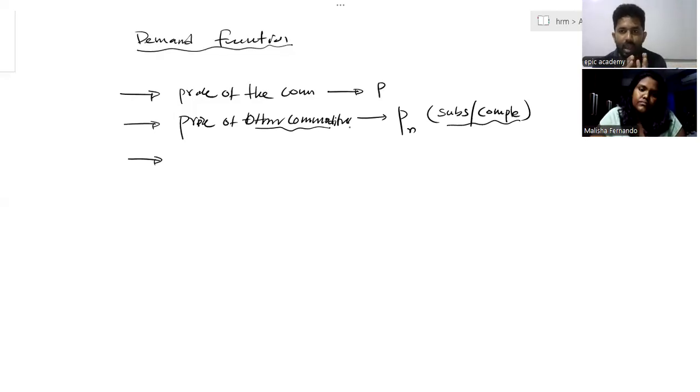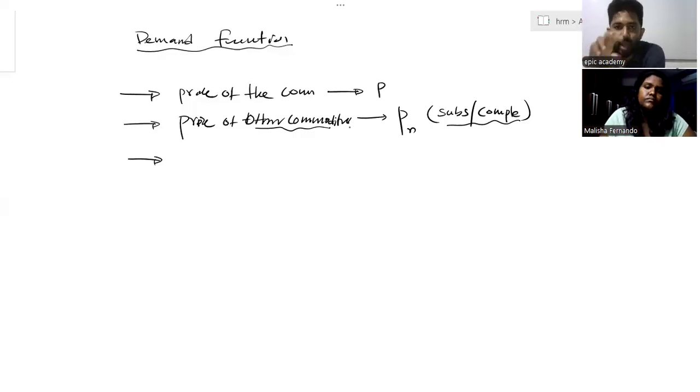So then what about the complementary? Complementary means it is combined with a certain commodity. If you are going to purchase a vehicle, you have to buy petrol also. Without that petrol, you cannot utilize this vehicle.